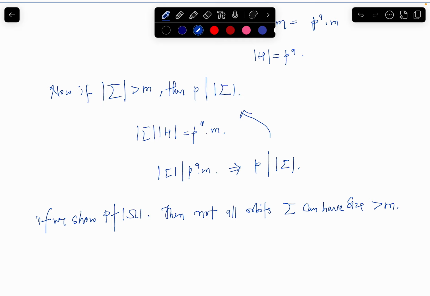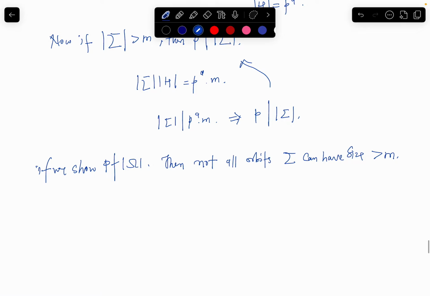So that means that there is at least one orbit of size equal to m, and the stabilizer of any element of the orbit is of size p power a. Then we are done.